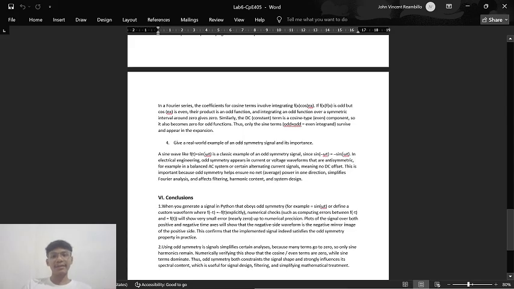This concept is very useful in fields like electrical engineering and communication systems, where symmetric and anti-symmetric signals play key roles in designing filters, balancing waveforms, and analyzing frequency content. Overall, this experiment gave me a deeper understanding of how mathematical symmetry applies to real digital signals and how it affects their behavior and applications.